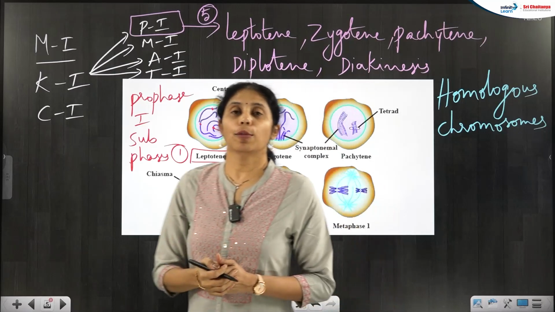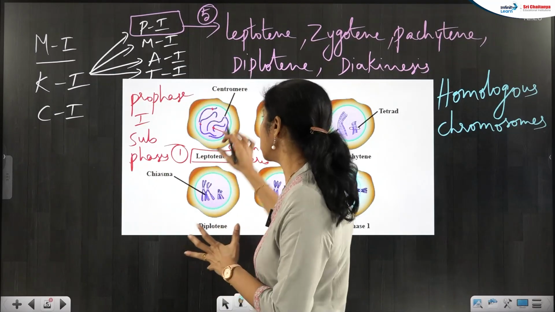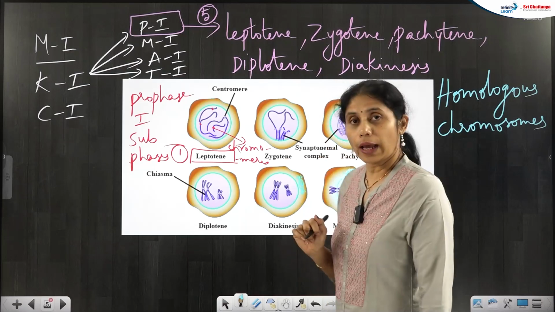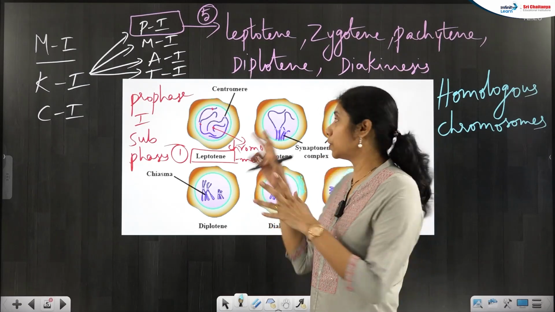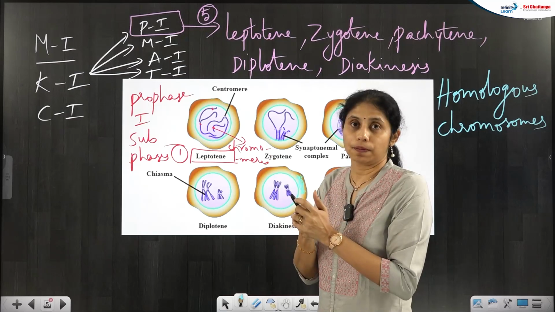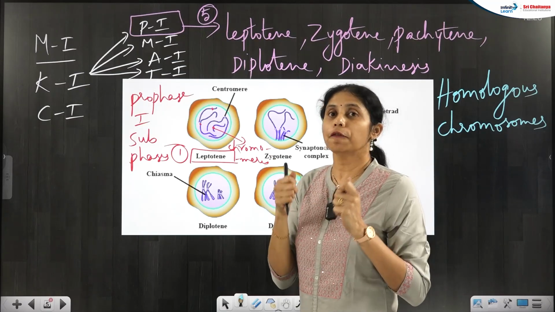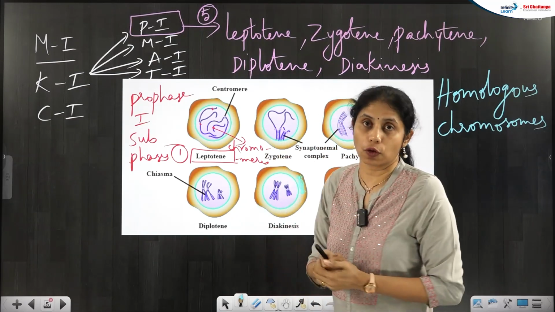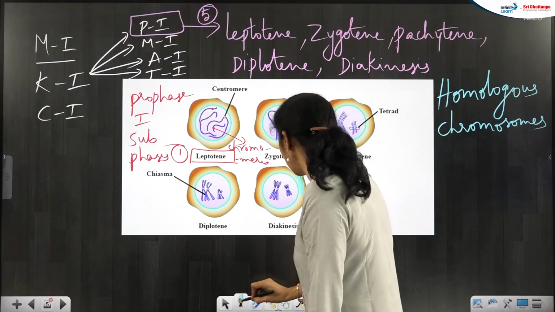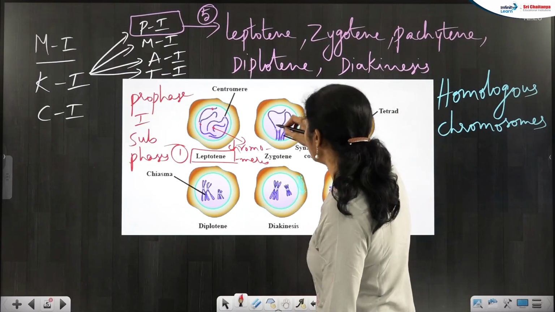So these homologous chromosomes will be inside the nucleus in different places. In the zygotene, wherever they are inside the nucleus, they will come towards each other because of some attractive force between the two homologous chromosomes. That attractive force is due to particular proteins between them.